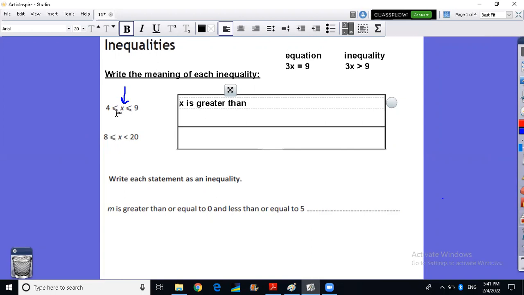This line under the greater than, under the less than, it is or equal to. So again, I'm saying here that x is what to 4? Is it less than 4? No. x itself is greater than or equal to 4.